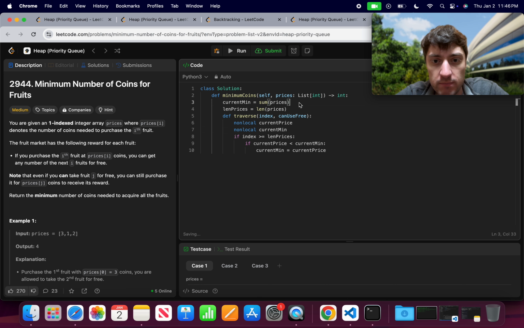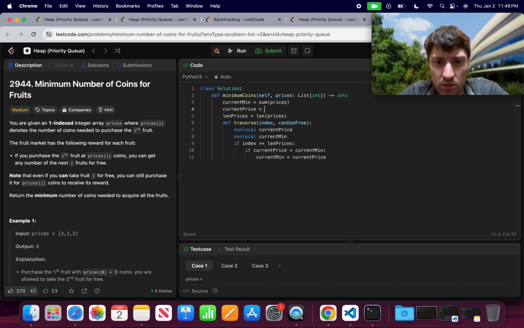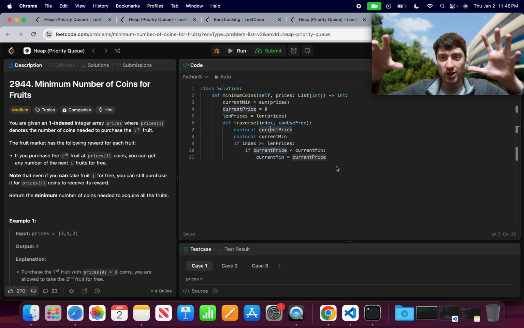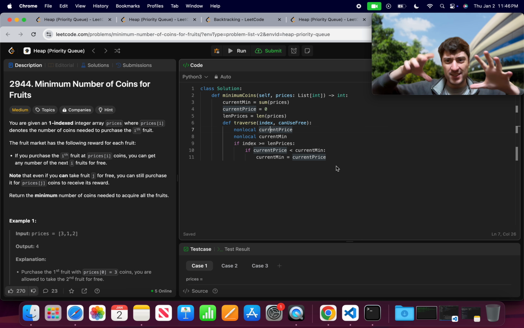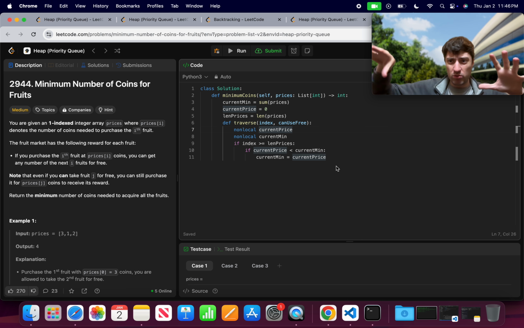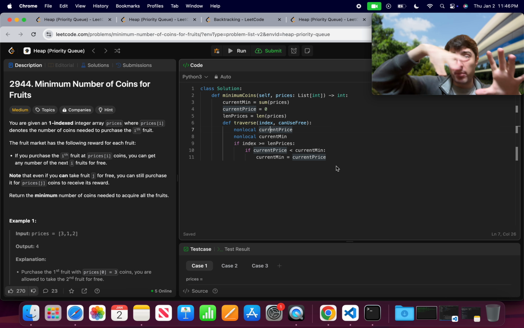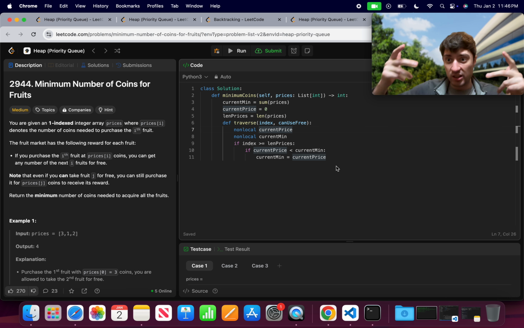Now current price equals 0, I guess. Current price is going to be my sticky variable when doing the backtracking. It accumulates as I pay and go through my list, and it goes away as I pop out and choose not to use one.